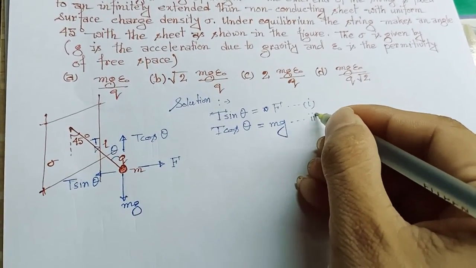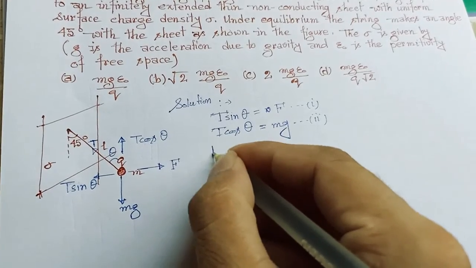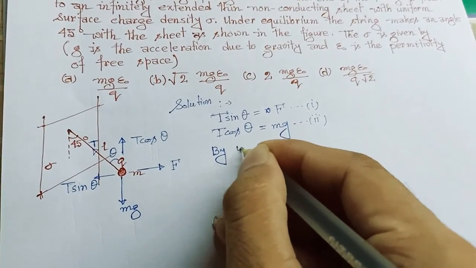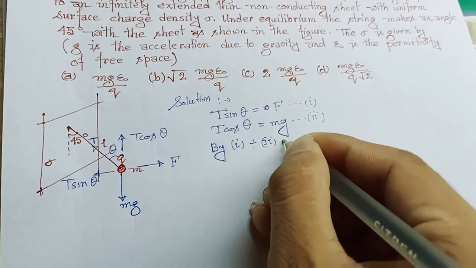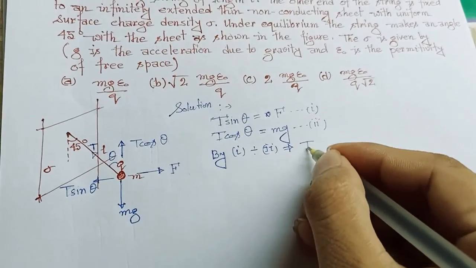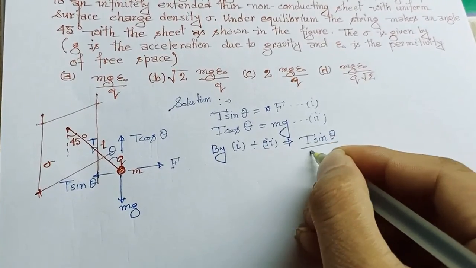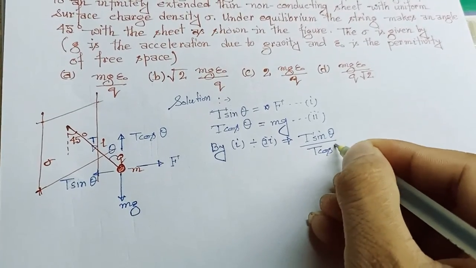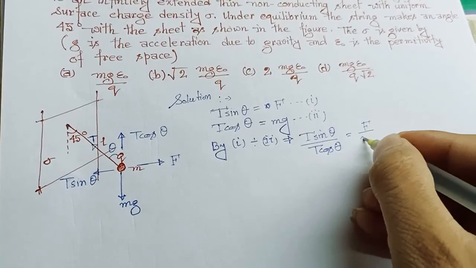If we divide equation number 1 by equation number 2, we'll get T sin theta divided by T cos theta equal to F divided by mg.